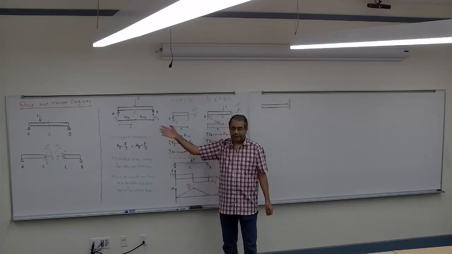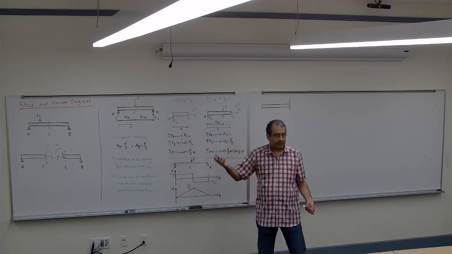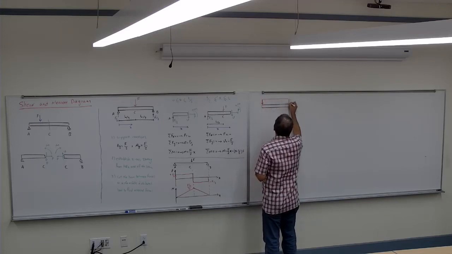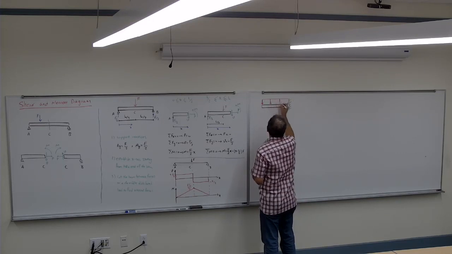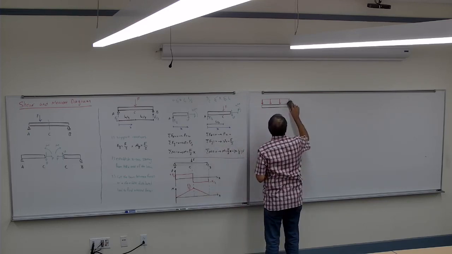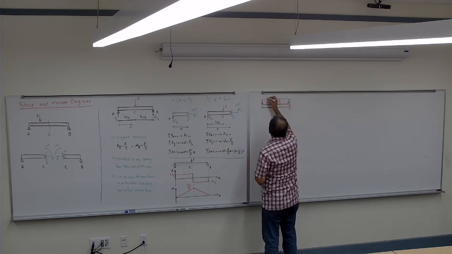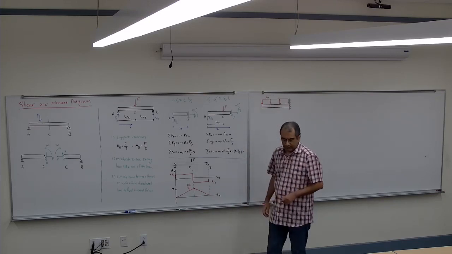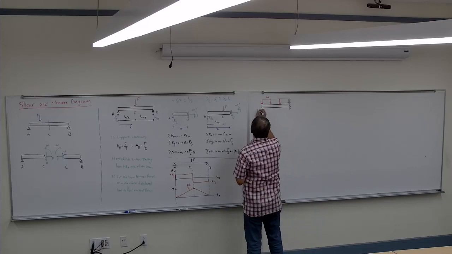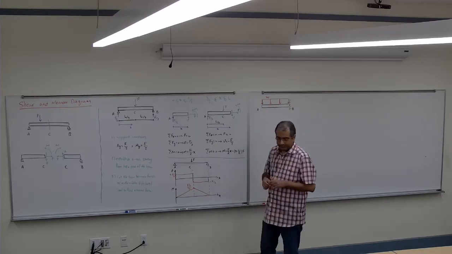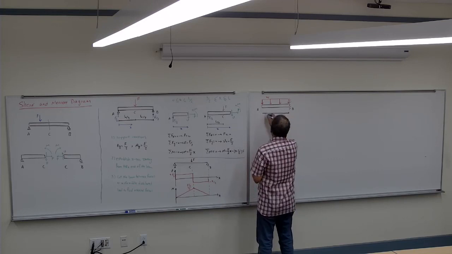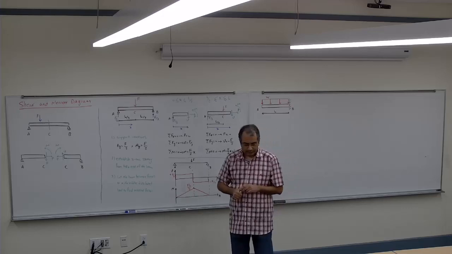In the exam or the problem, you get all of them with numbers on them, so it's not going to be X and L and W. So if there's a distributed load of W on that beam, I want to see what's the shear and moment diagram on that.